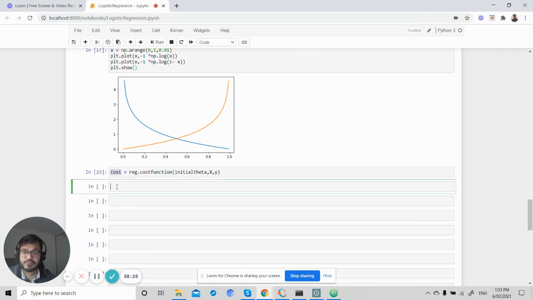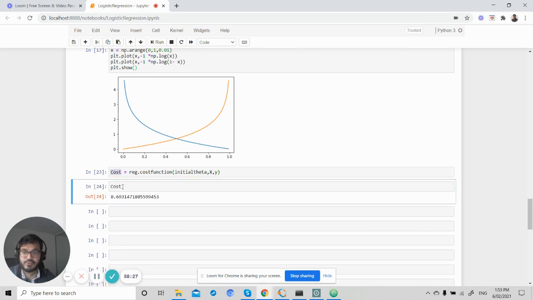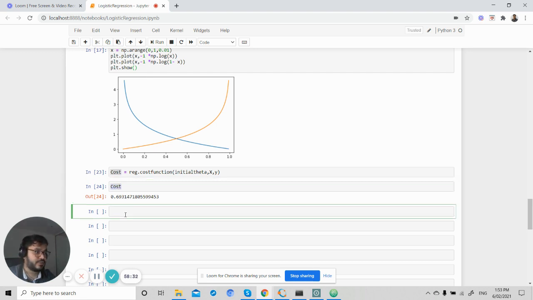So it's been successfully executed. So which is my cost. Let's check for another value of cost. Suppose my test theta is np dot array, and suppose minus 24 comma 0.2 comma 0.2. So let's check.